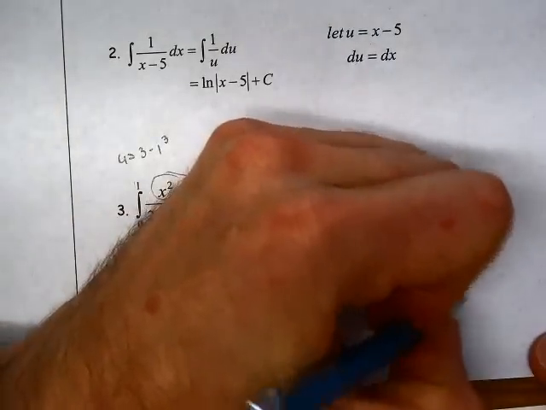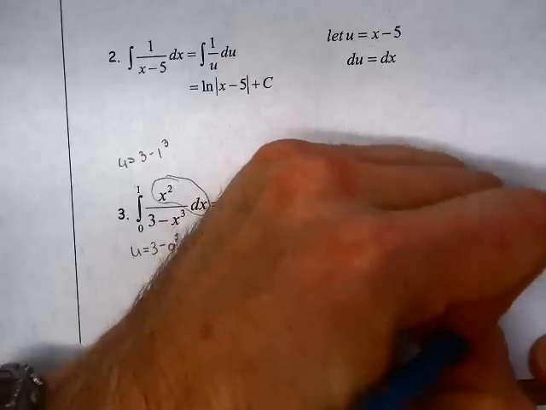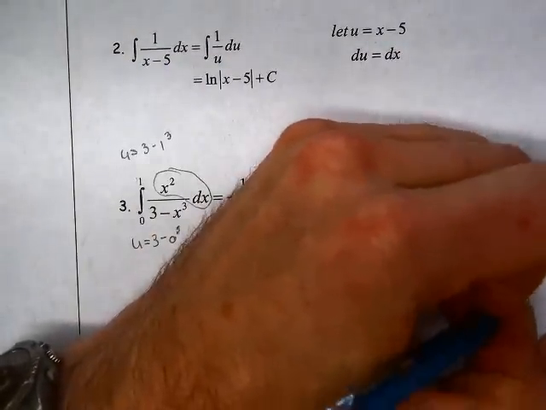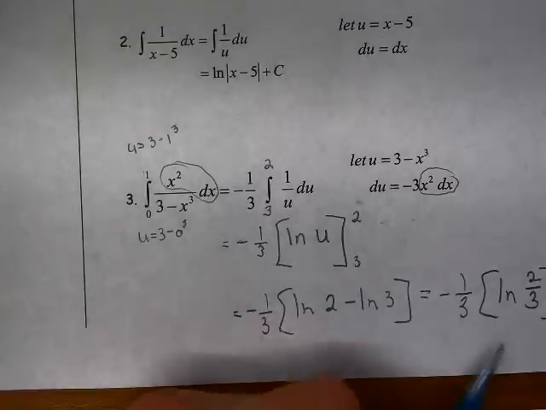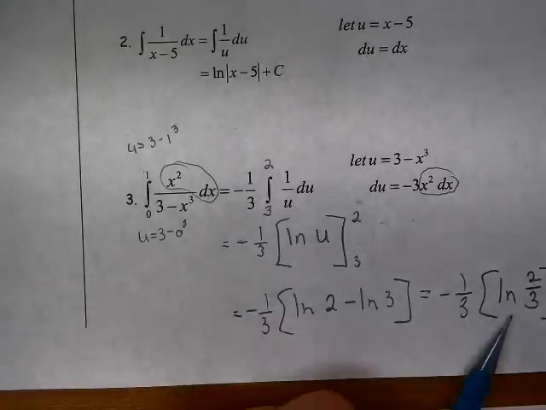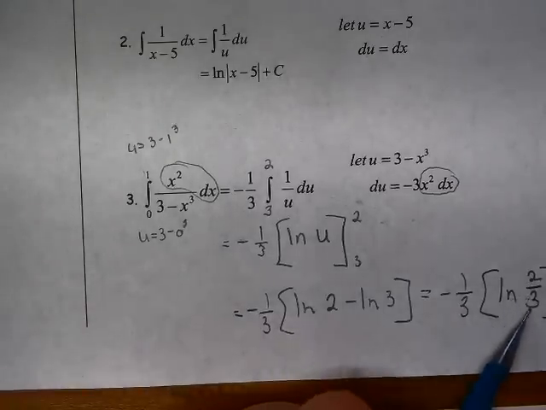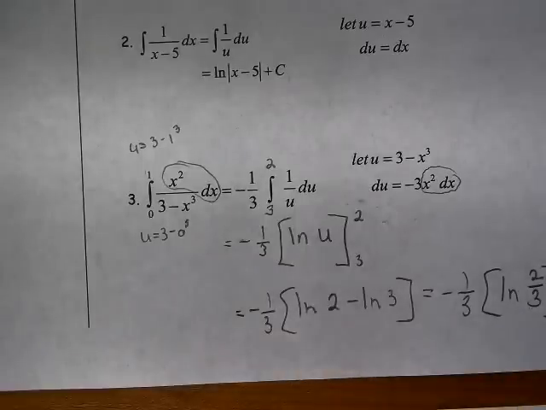And that is just negative 1/3 ln of 2/3. I may be able to rewrite that as ln of 2/3 to the negative 1/3, something of that sort. But essentially I have the integration done there. If I had a calculator, I could maybe evaluate that as it's written. I could just leave it in terms of natural log.